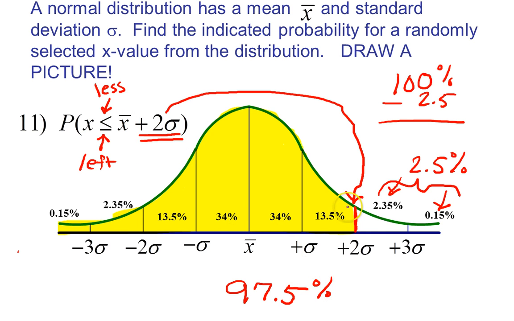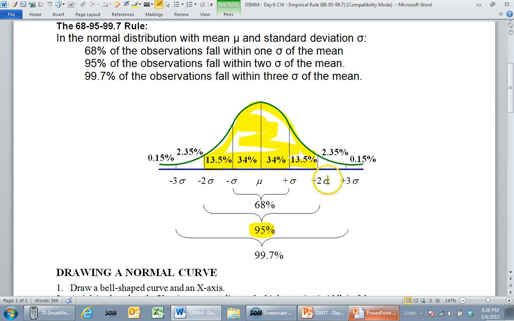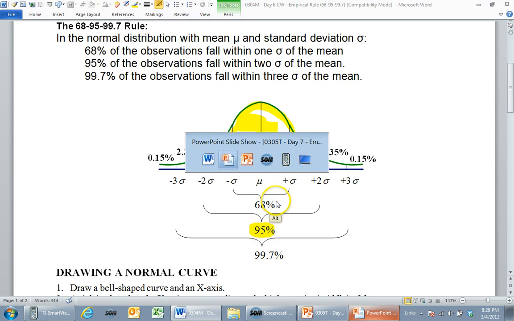One more way that you could do it is if you look at this zone from here to here, plus or minus 2 standard deviations. We learned that if we're talking about 2 standard deviations in both directions, that's 95% of the data.